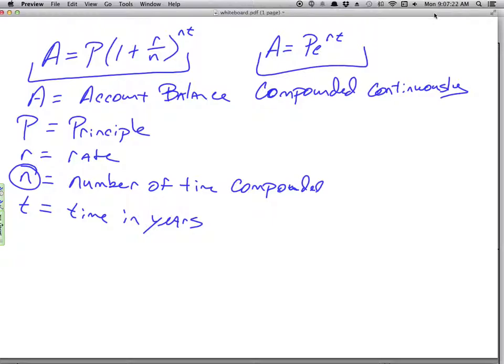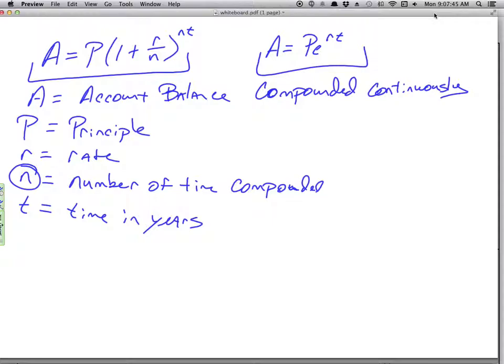So when they give us a specific number of times to compound, we're going to use the first formula. If they want me to compound it continuously, we're going to use the second formula. So whenever there's an n, you've got to use the first formula.